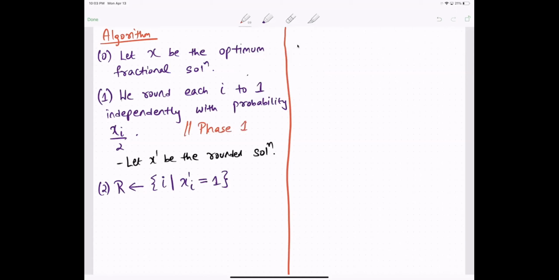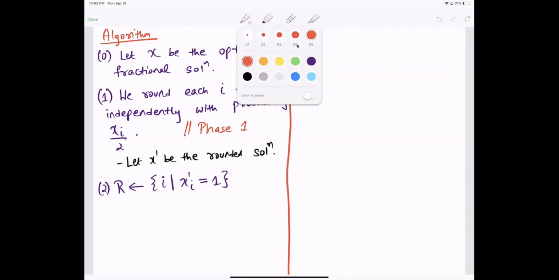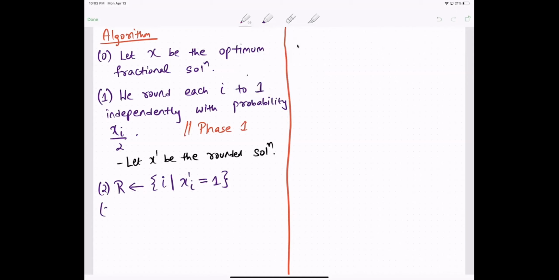So whoever got picked in phase 1 is kept in this set R. And now we'll define another set S, which is initially empty, right? So we want to delete elements from R, and whoever is left goes into S, and that will be our final solution. So initially S is empty, and now what do we do?